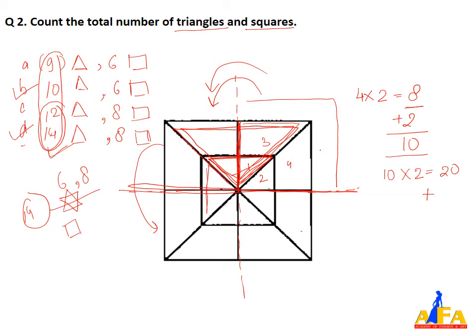So here we can see this triangle, this bigger one, and similarly in the right one, this and this. Okay, so 4. Now, left or right, both are done.